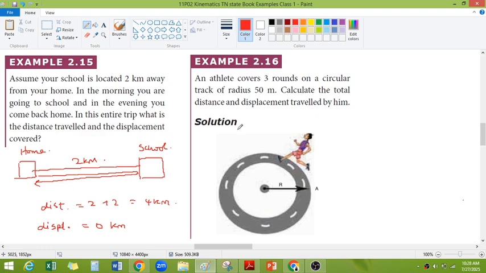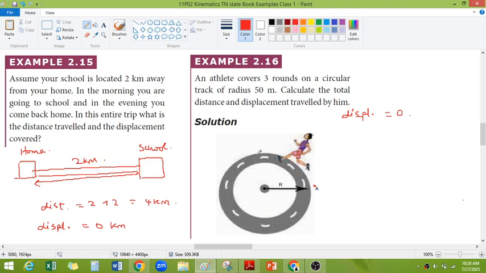An athlete covers 3 rounds on a circular track of radius 50 meters. Calculate the total distance and displacement traveled by him. When you start from here and come back to the same point, displacement will become 0.